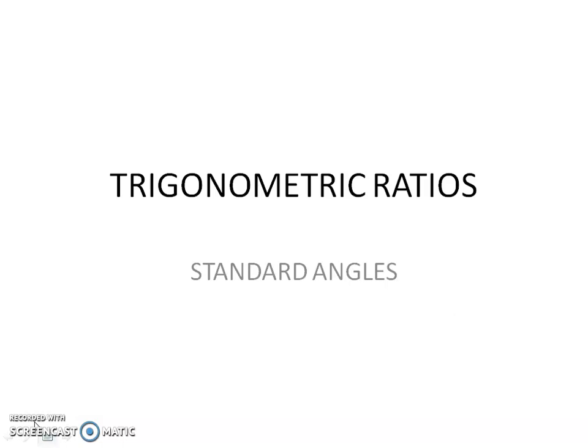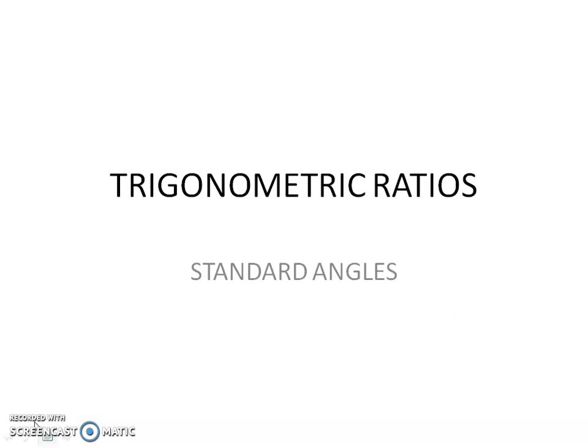Good morning, students. Today we will be discussing trigonometric ratios of some specific angles. We have limited our studies to acute angles in class 10. The angles which we deal with are 0 degree, 30 degree, 45 degree, 60 degree and 90 degree.